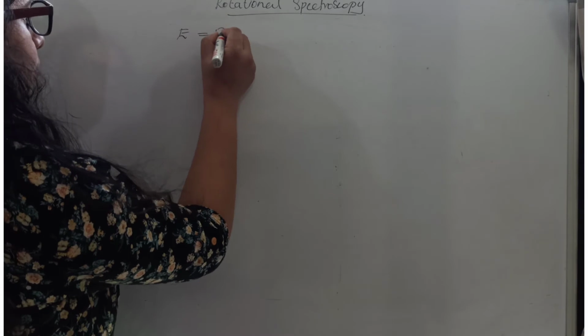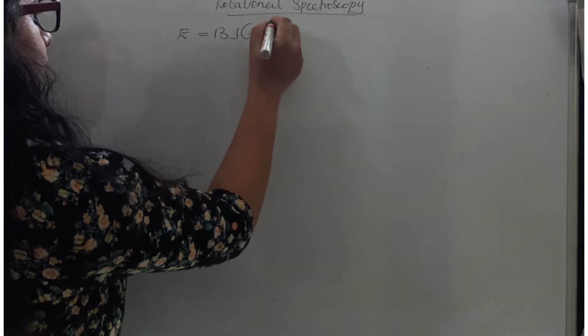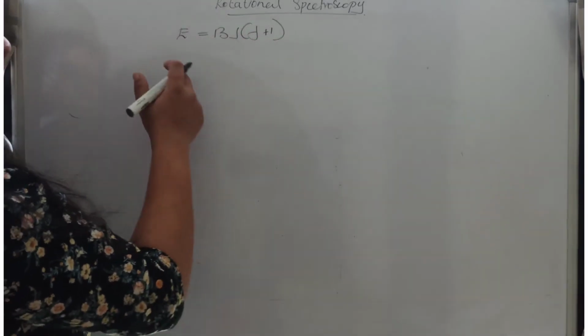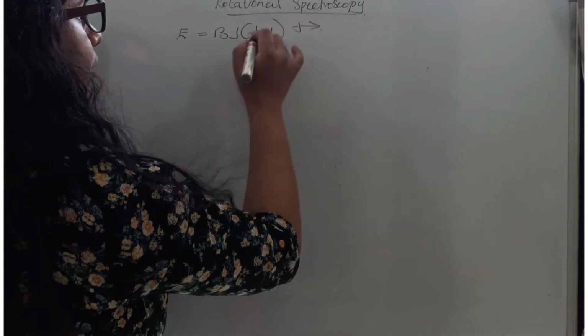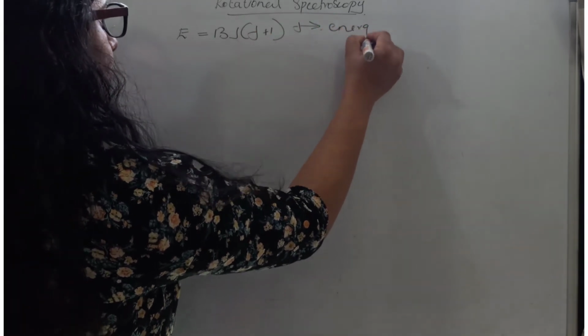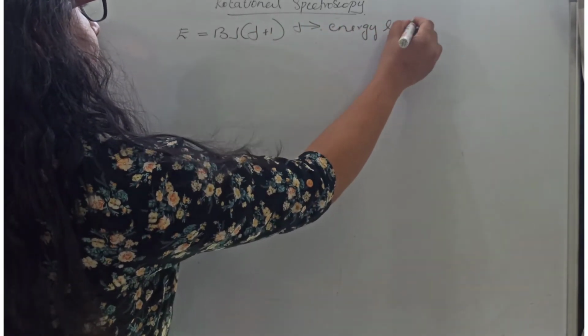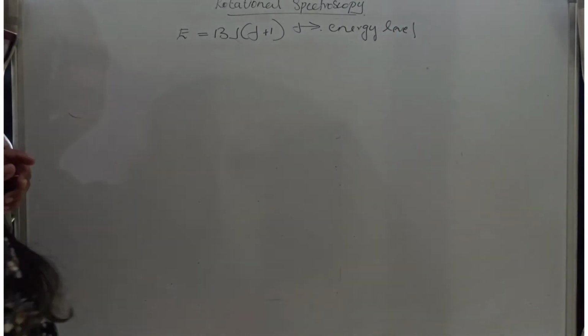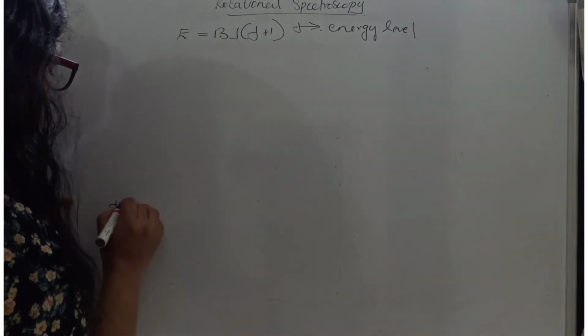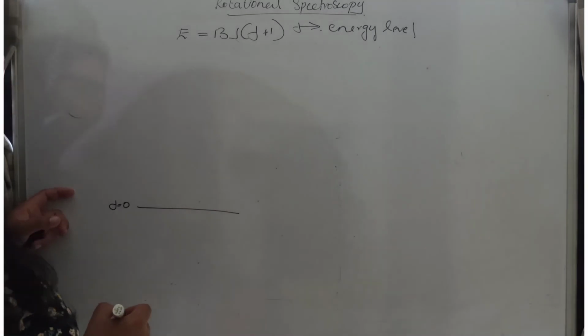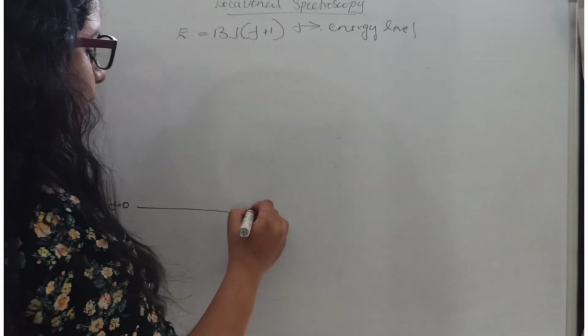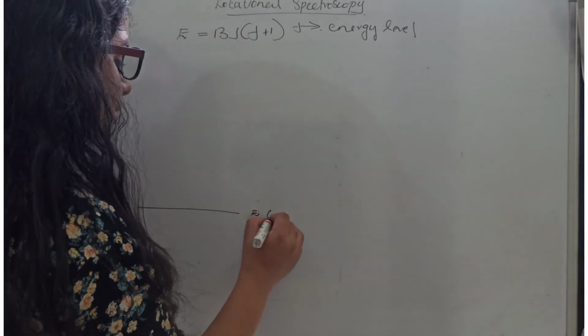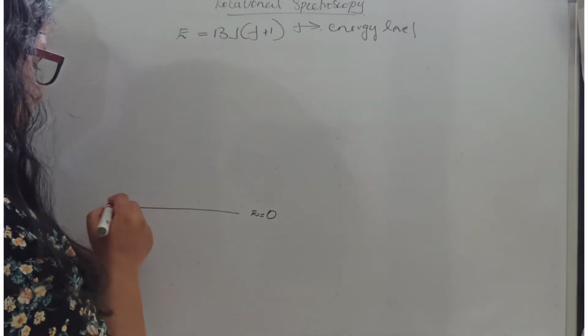So next, the energy is Bj into j plus 1. Now we are going to see what the rotational spectrum will look like, where j denotes the different energy levels. When j is equal to 0, what is the energy? You substitute, it will be 0.